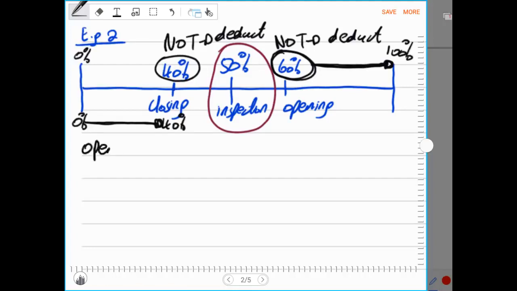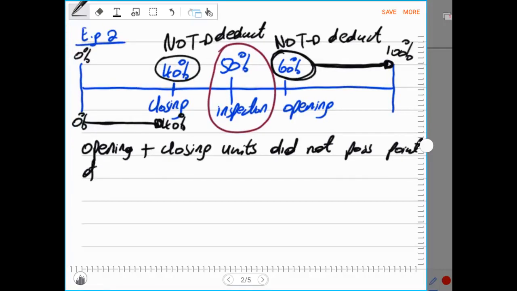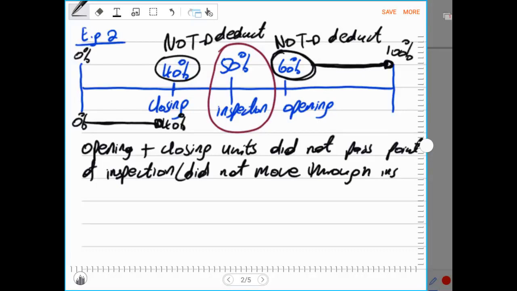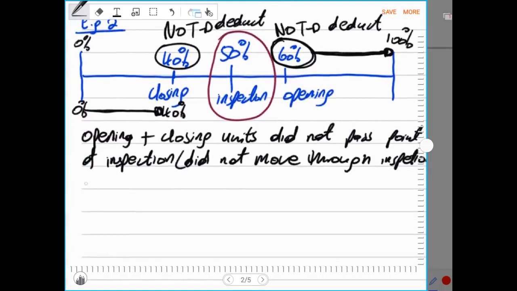It says opening in summary plus closing units did not pass the point of inspection, or did not move through the inspection point.